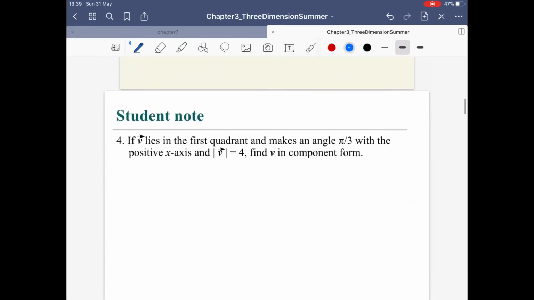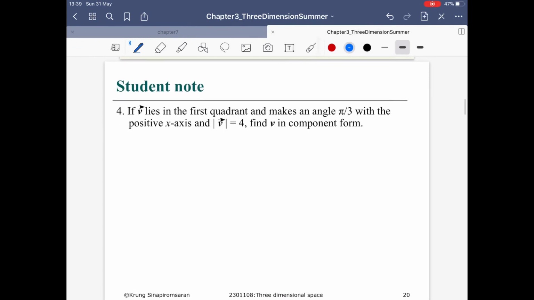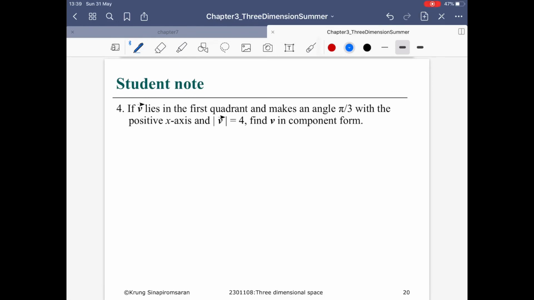Now look at number 4. If your vector v lies in the first quadrant, when we talk about the so-called quadrant, it means you are going back to your two-dimensional space, because you have 4 places divided by the x and y axes, which are called the first, the second, the third, and the fourth quadrant.